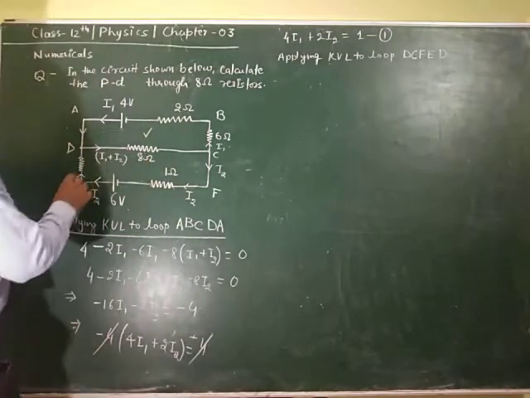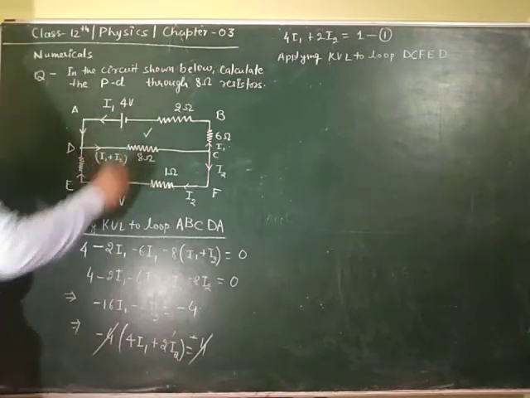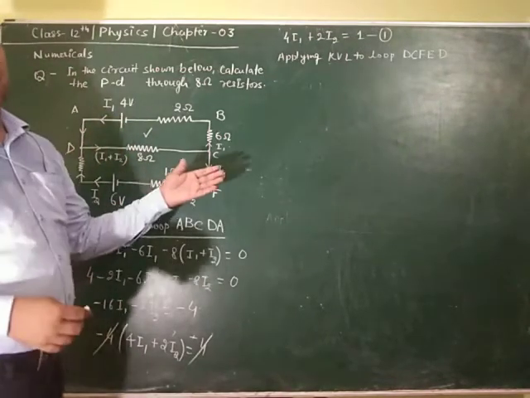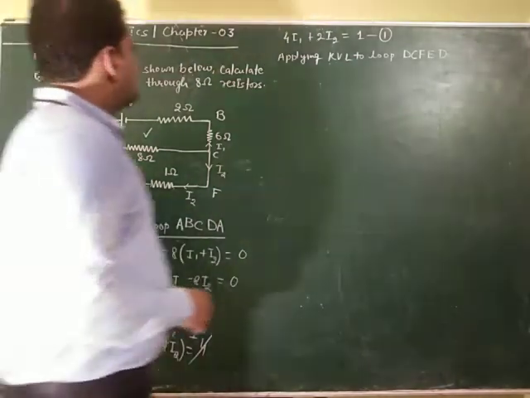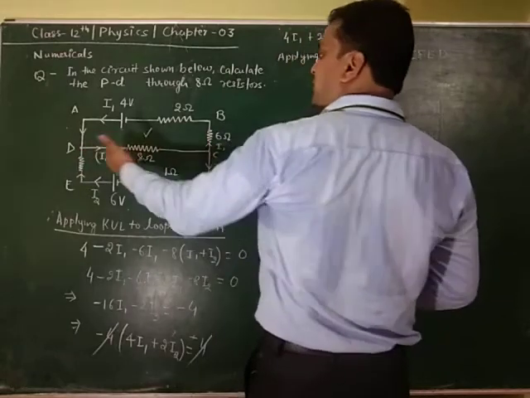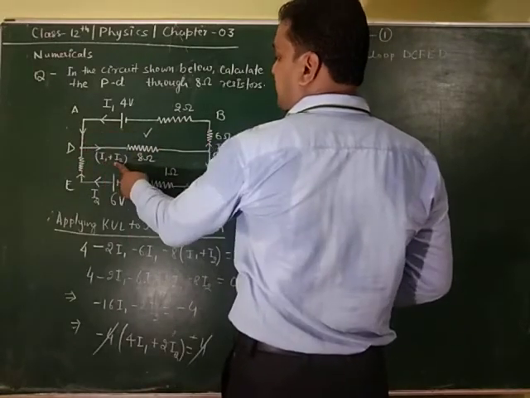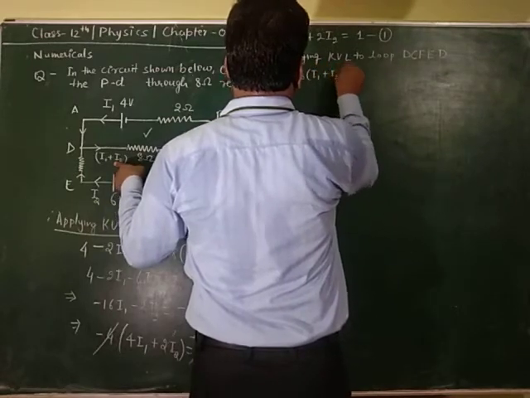You can take either direction, either clockwise or anti-clockwise, but the result will be the same all the time. So D, moving B to C, this time you are moving along with the current. What is the current? I1 plus I2. So I will write 8 times I1 plus I2.